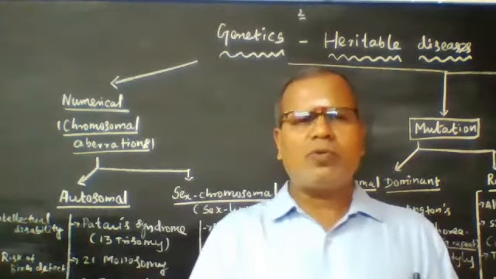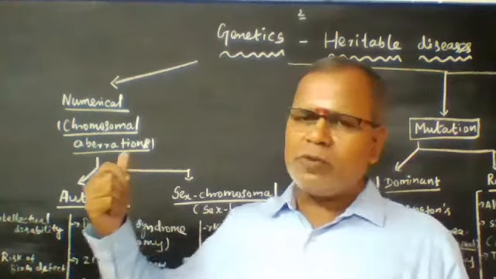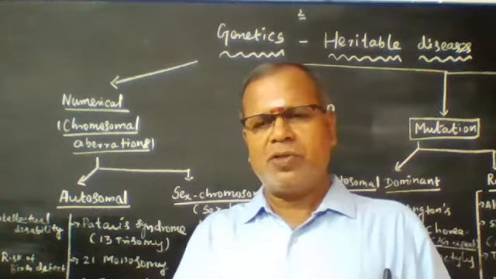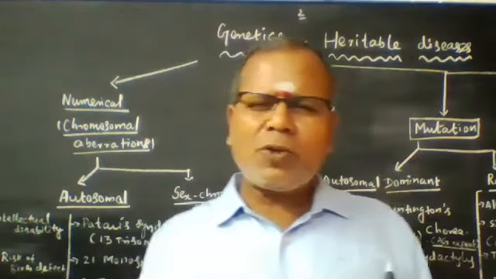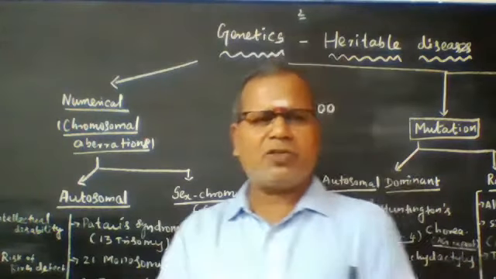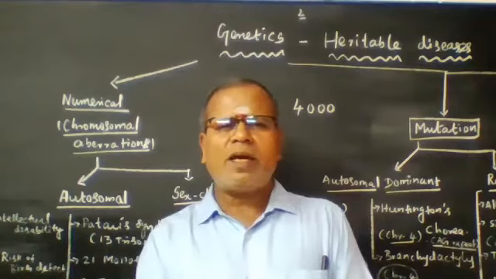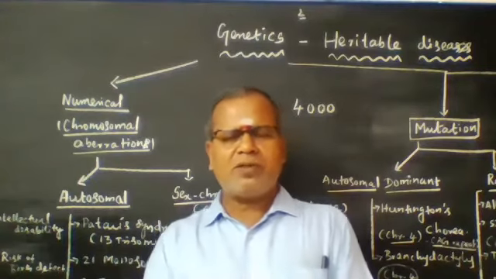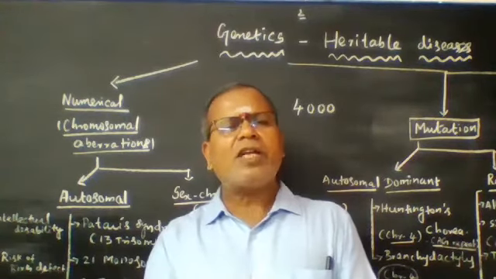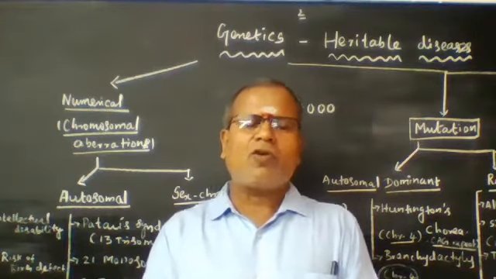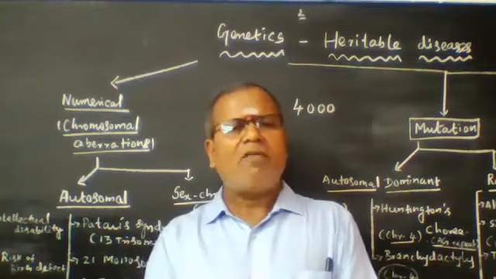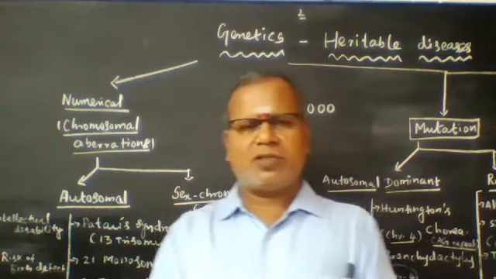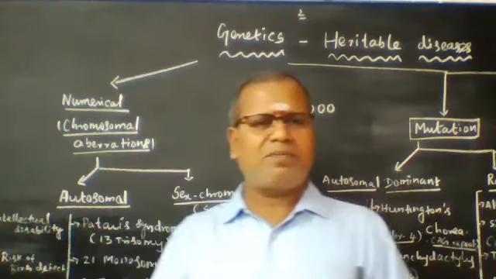It may be due to numerical chromosomal aberrations, or due to mutation, or due to structural chromosomal aberrations. Numerical chromosomal aberrations means variation that involves chromosomal number within a set, or variation involves chromosome set number.